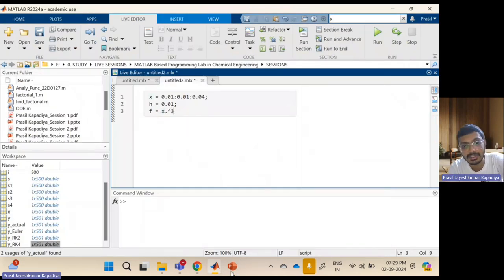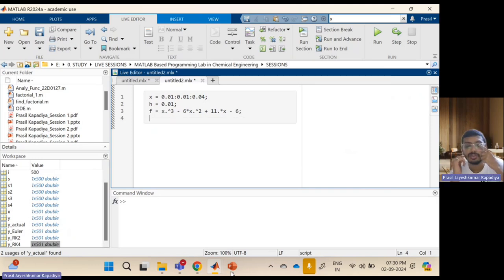I will put dot because it is scalar operation. x cube minus 6 into x square, plus 11 into x, minus 6.